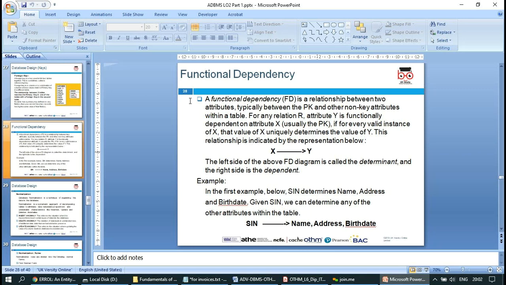So if there is a functional dependency, then there exist some anomalies. Anomalies are unexpected errors that you find while you insert, update, or delete. Make sense?